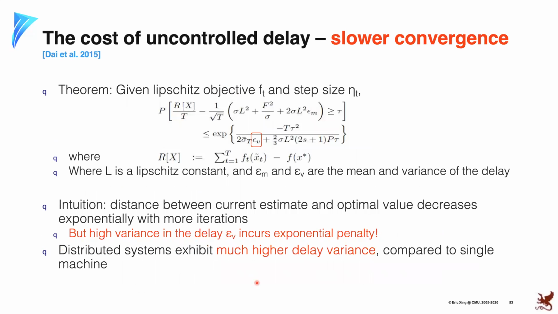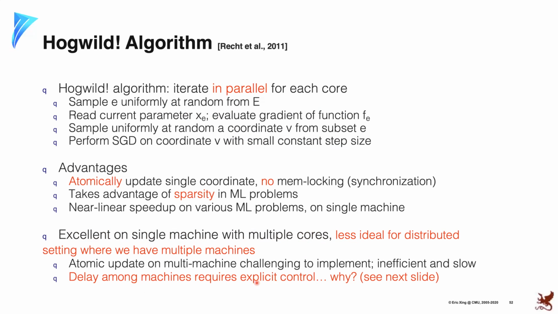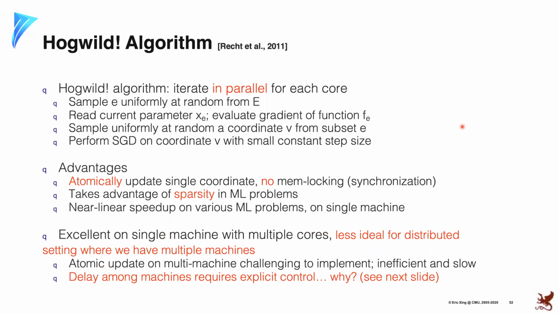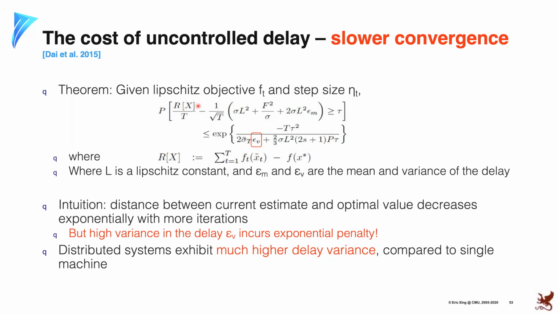So the first potential problem is that if we view each worker as a computer, it may have slower convergence. Let's think about it in this way. In Hogwild, every parallel worker is allowed to proceed at full speed. They do not need to communicate with each other, as the sampled parameter sets E are very unlikely to collide with each other, right?